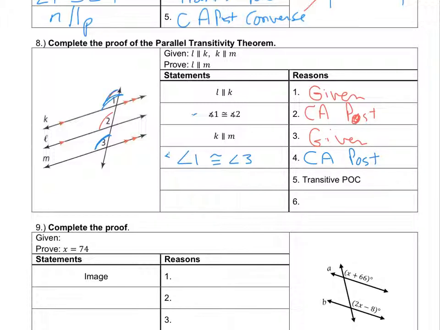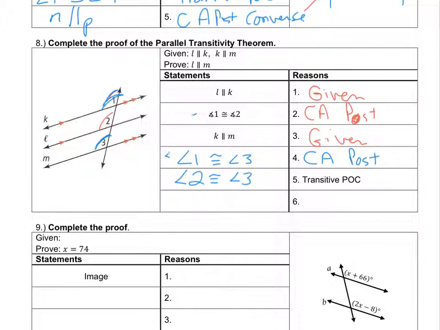So if angle 1 and angle 2 are the same size, and angle 1 and angle 3 are the same size, it stands to reason in logic, and this is the name of that reason, that angle 2 must also be equal to angle 3, because angle 1 is your connecting link, like a train car, train, transitive. So let's take a minute here and see where we're at.